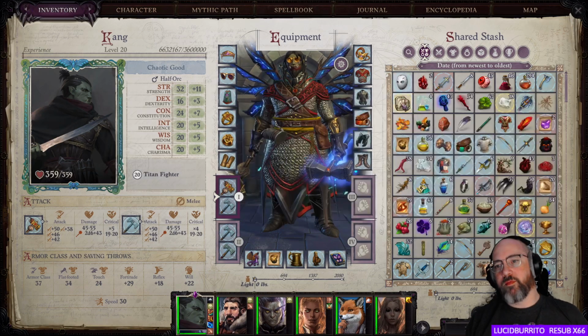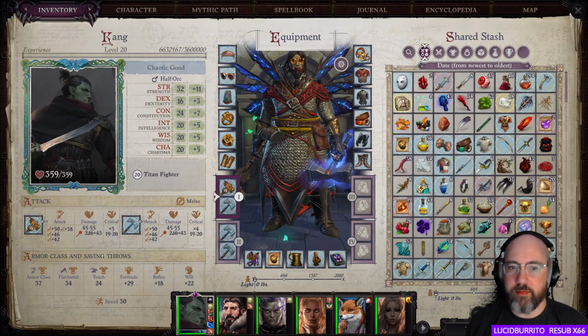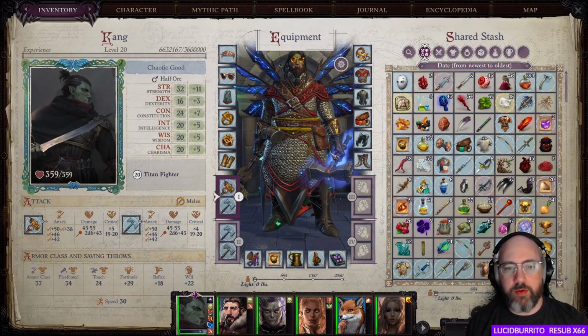Okay. Still don't know why I have this red symbol slab. Who knows?